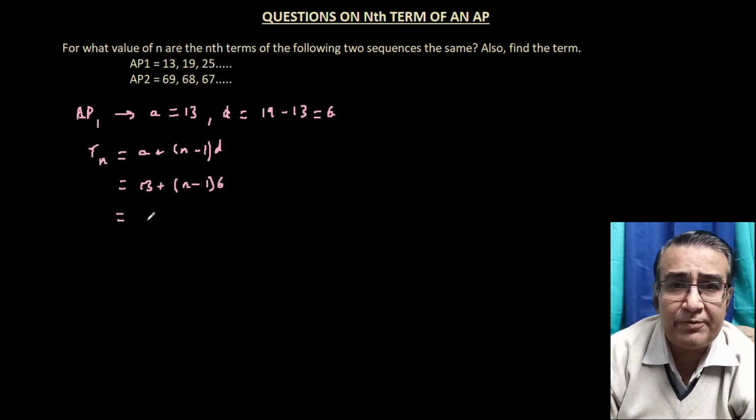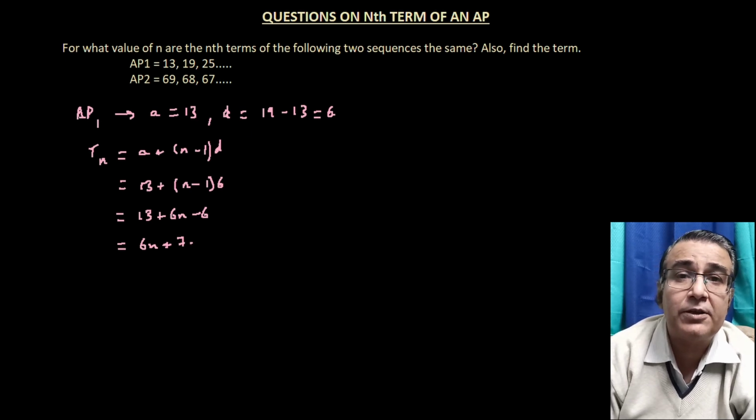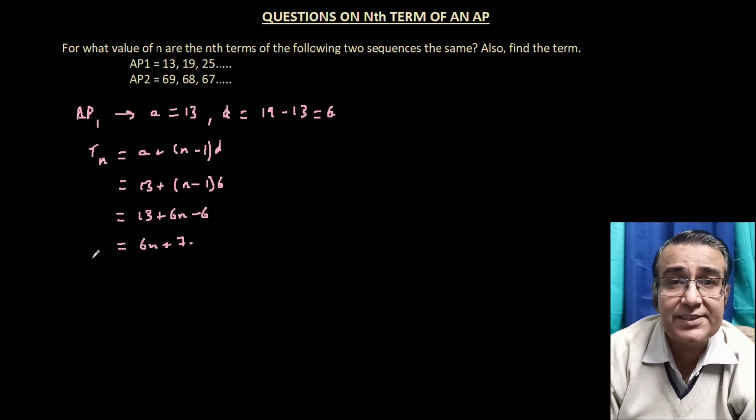Distributing the 6 and simplifying it further, we get 13 plus 6n minus 6, and simplifying it further, we get 6n plus 7. So the nth term of this particular arithmetic progression is 6n plus 7.